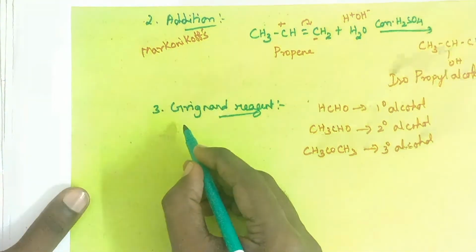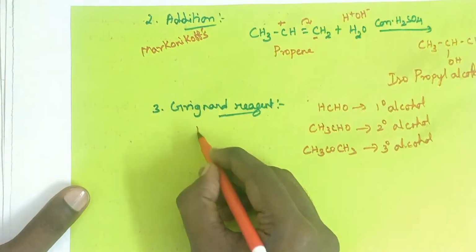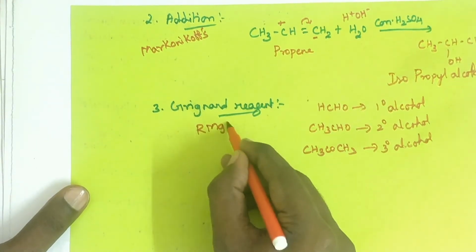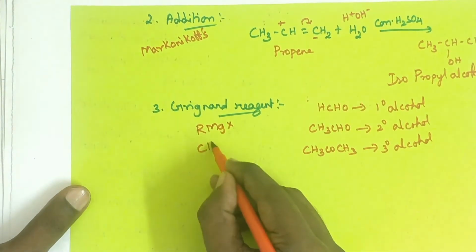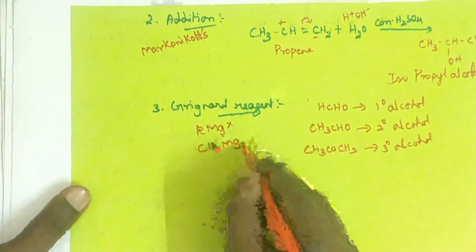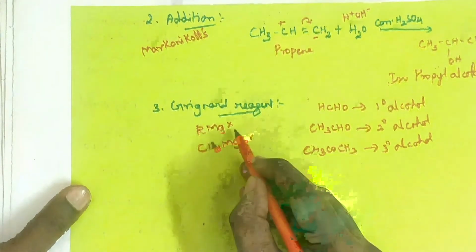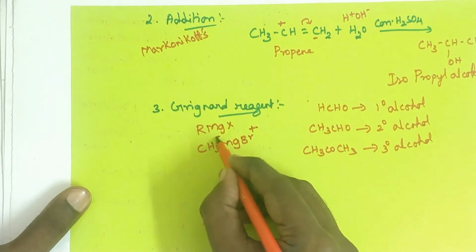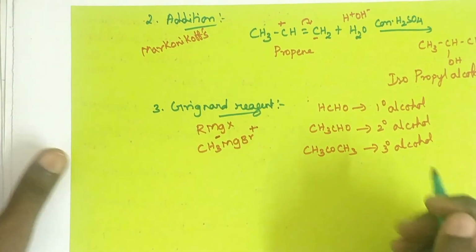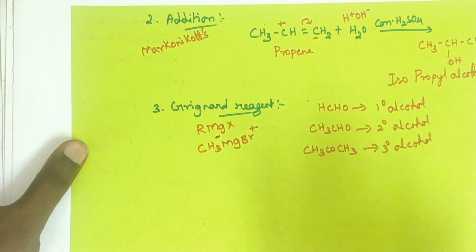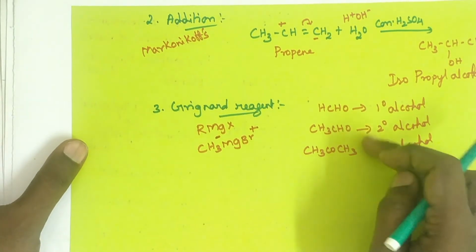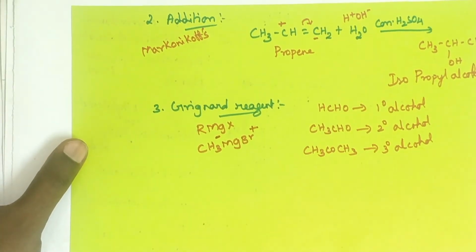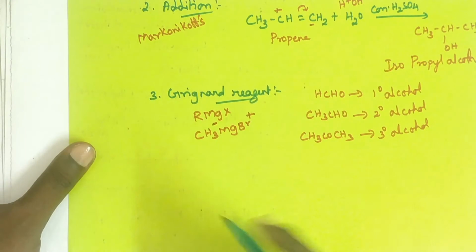The Grignard reagent formula is RMgX, for example CH3MgBr. In a Grignard reagent, MgBr is plus and the CH3 group is minus. Once again, I will explain one case, and the remaining two, secondary and tertiary, you will try at home.